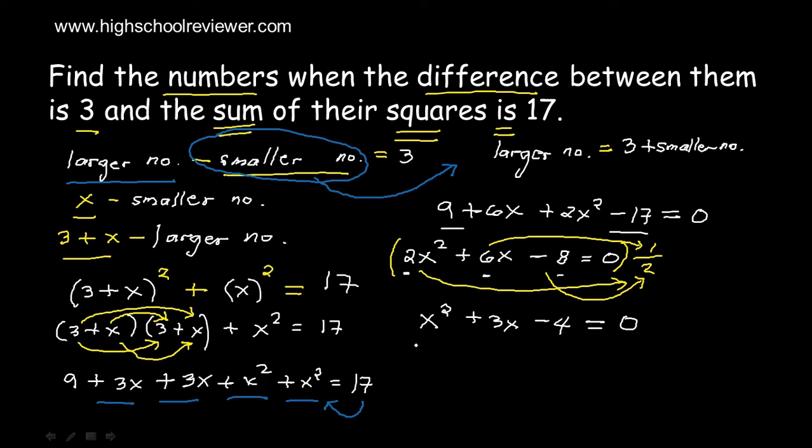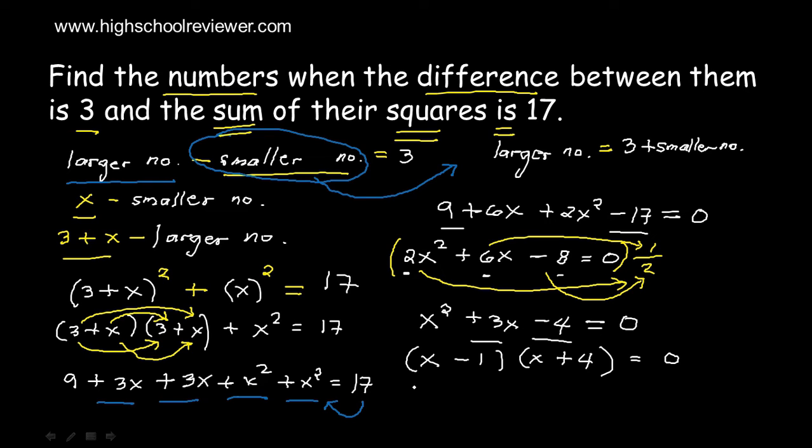To factor, our factors here will be x and x, equals 0. For the factors of negative 4 that will give us the sum of positive 3x, the factors will be negative 1 and positive 4. Okay, we have the factors now.